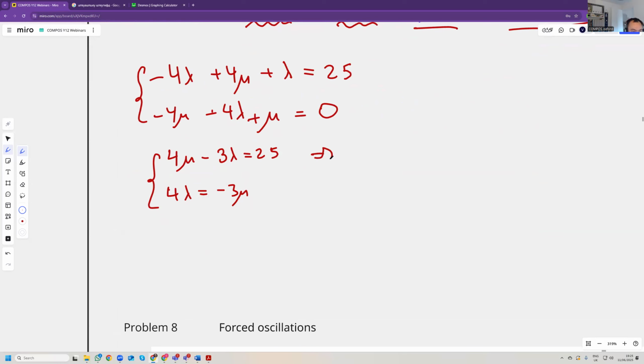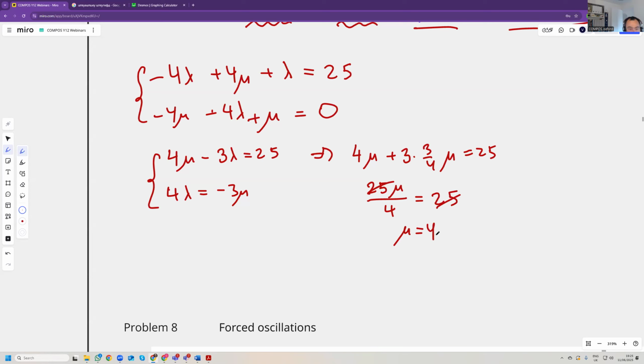So 4 mu plus 3 multiplied by 3/4 mu equals 25. So 25 mu divided by 4 equals 25.